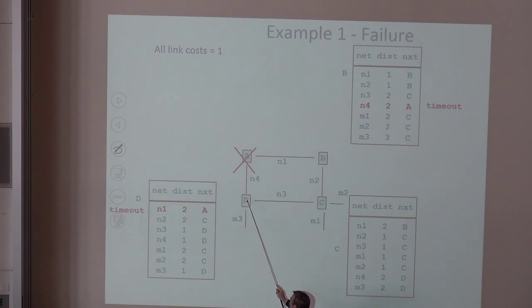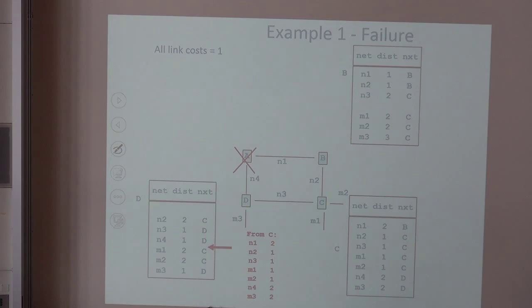So when this does not happen because A is dead, those entries that have A as next hop will time out. The timeout, we can interpret it as the same as saying the cost is infinity. We remove them from the table.